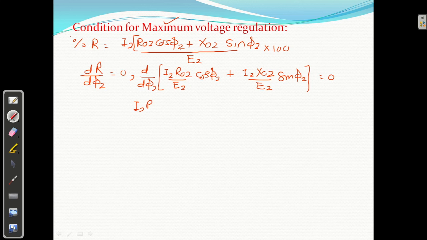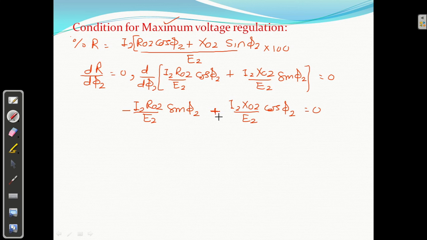I2 R02 upon E2 is constant, right? Differentiation of cos phi 2 with respect to phi 2 will be minus sin phi 2, plus I2 X02 upon E2, and differentiation of sin phi 2 will be cos phi 2, equal to 0.